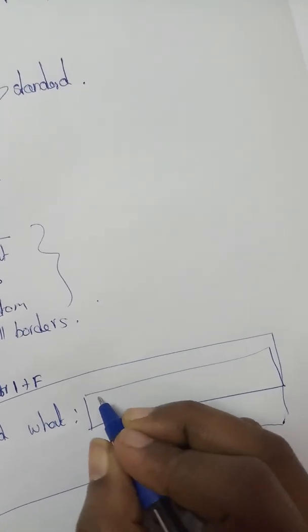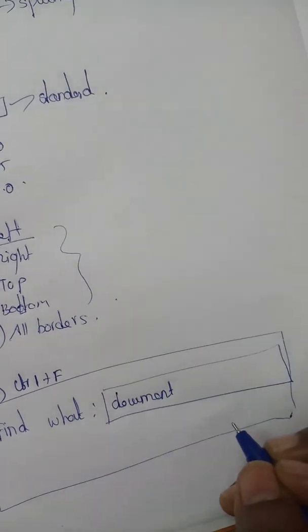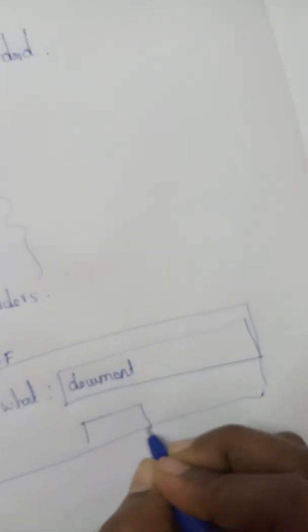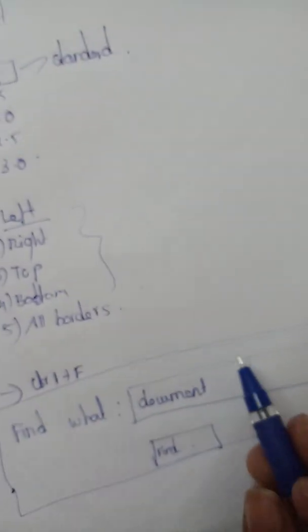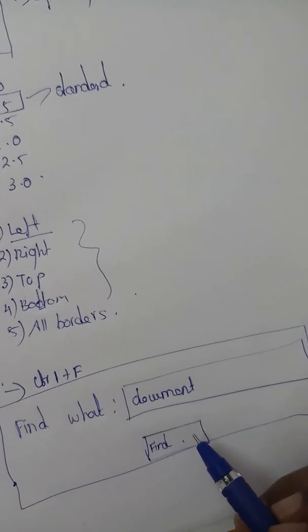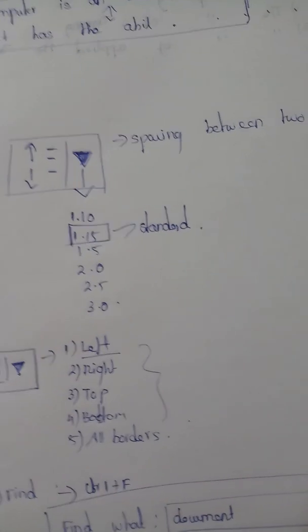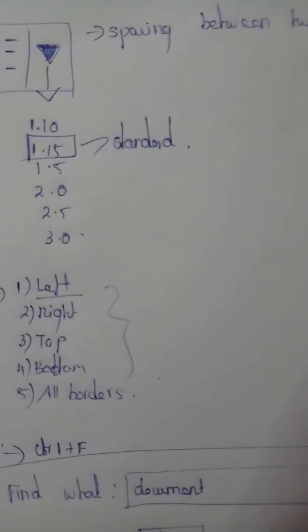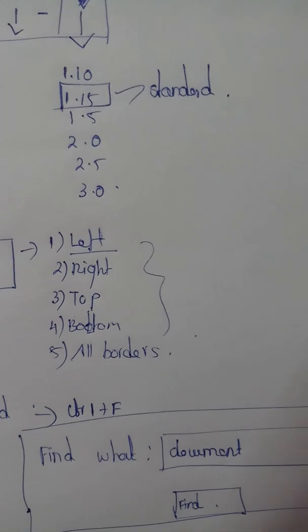So here I am giving the word as document. And then you have the option Find. Once I type document and click find, you can see it will search and give the word document in that paragraph. This is the use of find.